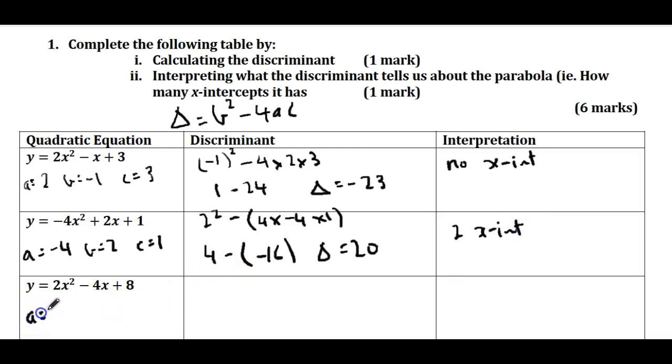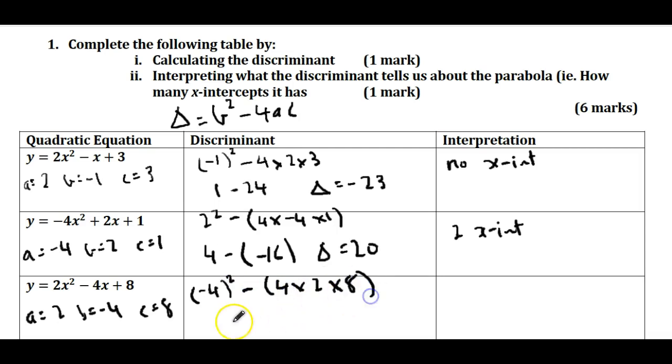And the next one: A is equal to 2, B is equal to -4, C is equal to 8. Plug that in. Again, we've got a negative, so I'm going to put it in brackets just so we remember. I've already done brackets here as well. 16 minus 2 times 4 is 8. 8 times 8 is 64.